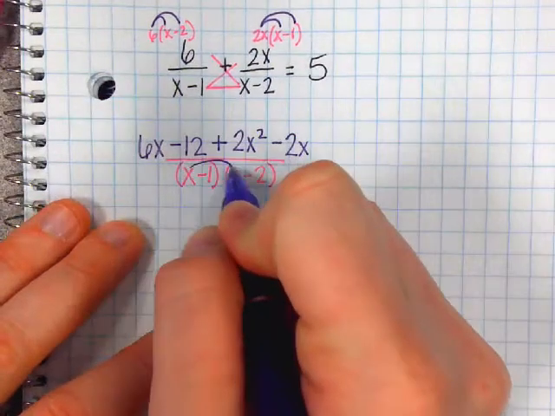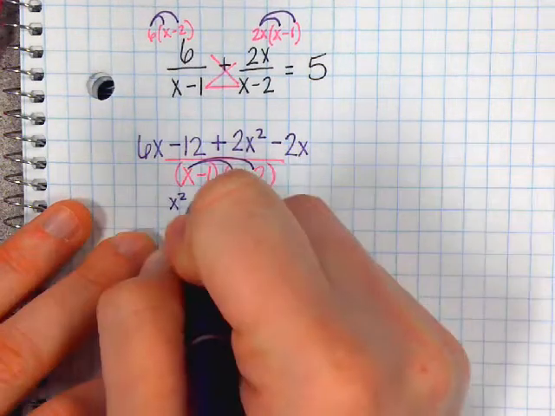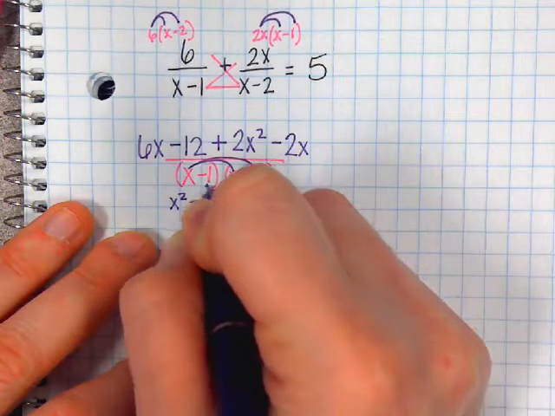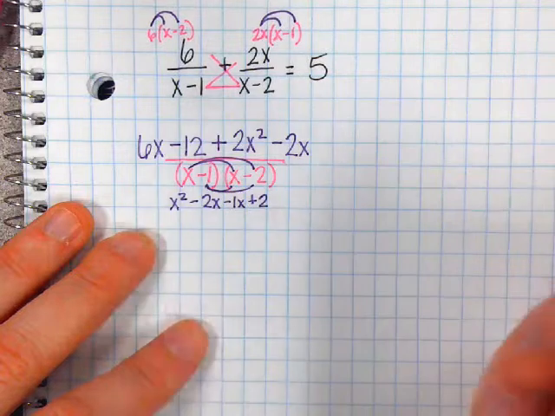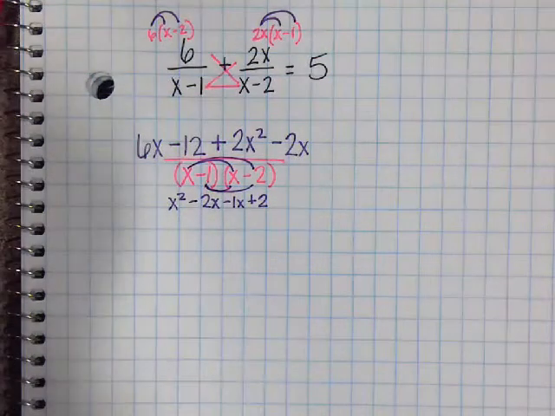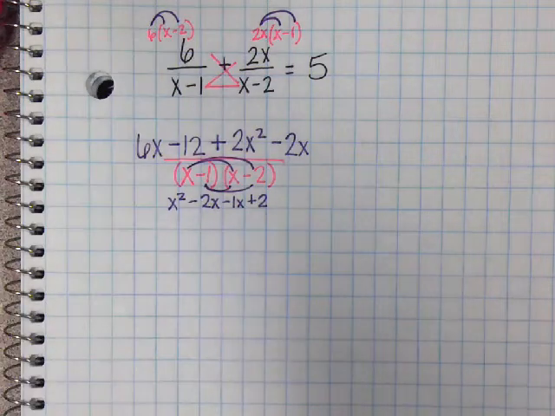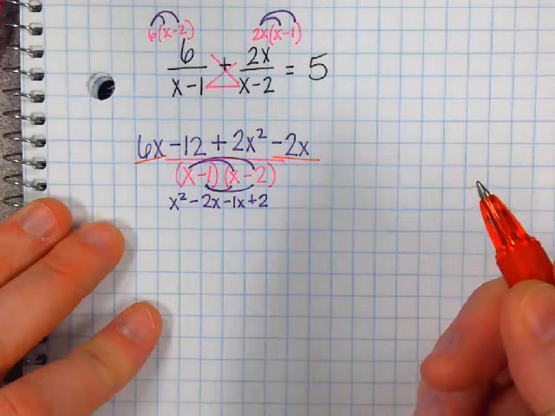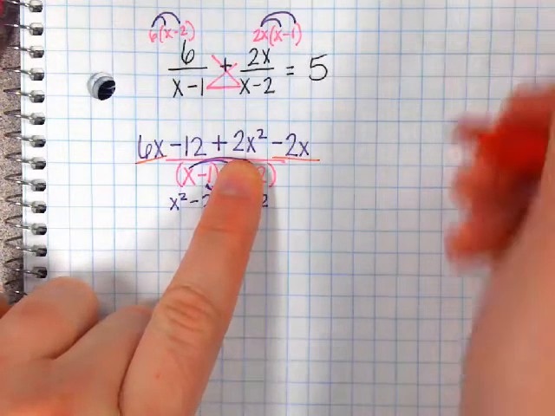Okay, let me go ahead and multiply this out as well. X times x would be x squared. X times negative 2 would be negative 2x. Negative 1 times x would be negative 1x. Negative 1 times negative 2, negative times a negative is a positive 2. Okay, the next step you're going to see me do is simplify or combine like terms. So we have 6x and negative 2x. 6 minus 2 is 4x.